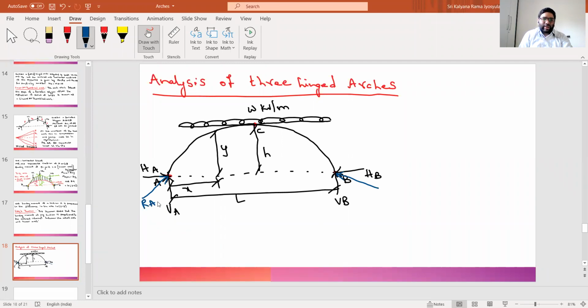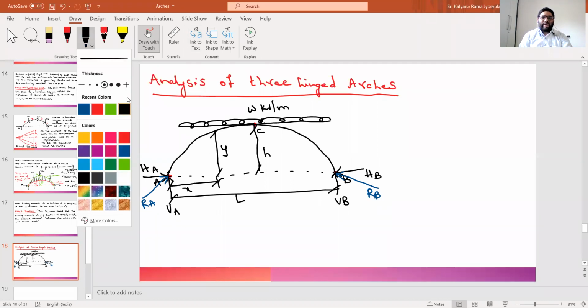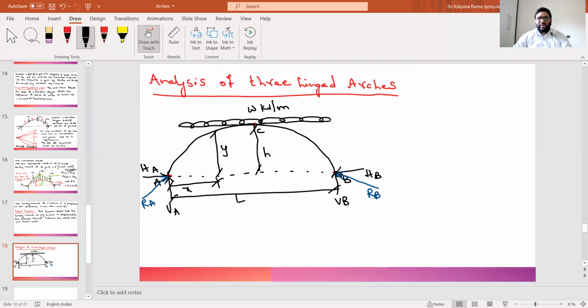So this is resultant RA and this is resultant RB. Now let us derive the expression for the calculation of reactions, horizontal reaction, vertical reaction, and the normal thrust and radial shear.